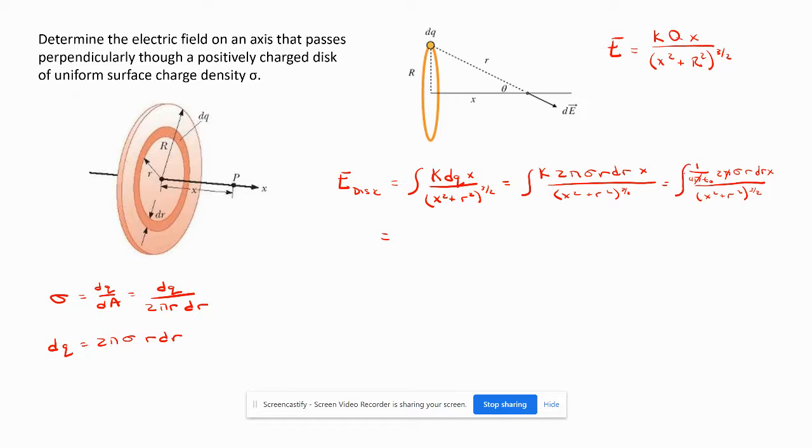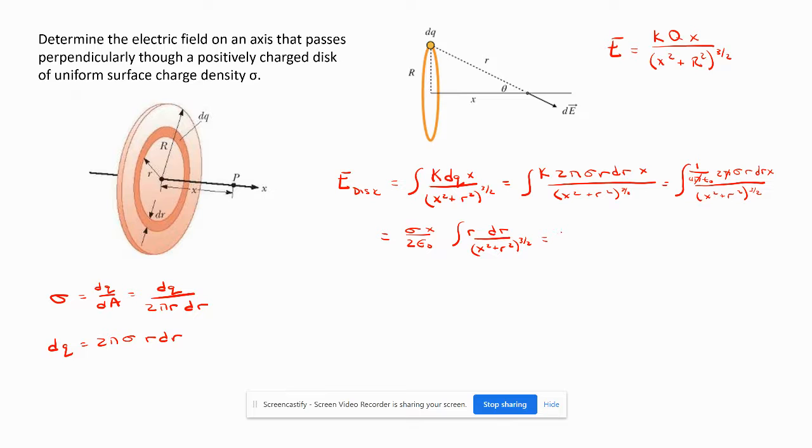I can turn the 2 over the 4 into a 1 over 2, with epsilon naught in the denominator. Sigma and x can come out as their constants. And I'm left with the integral of r dr over (x squared plus r squared) to the 3/2.